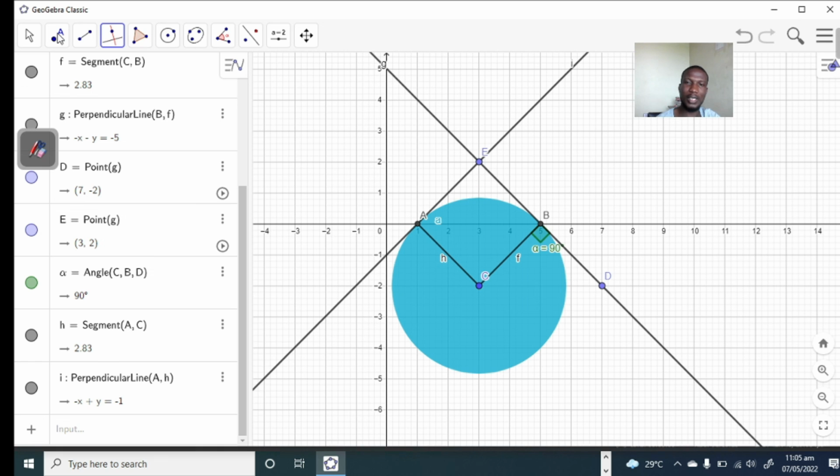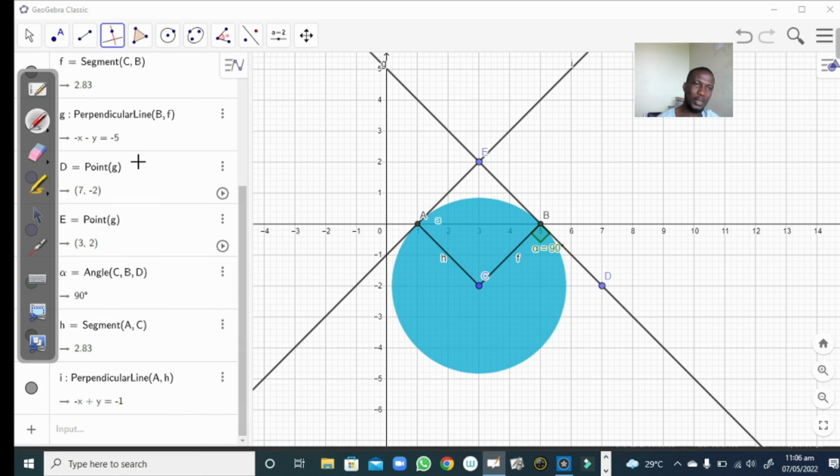We can verify all of them from here. The first equation, I said it's x plus y minus 5 equal to 0. This is just arranging it in another way. So that is the perpendicular line BF.